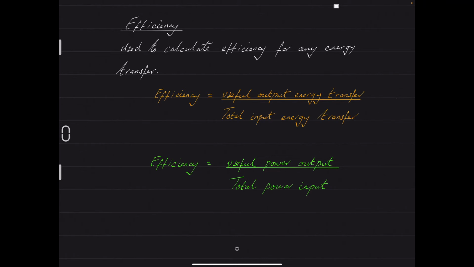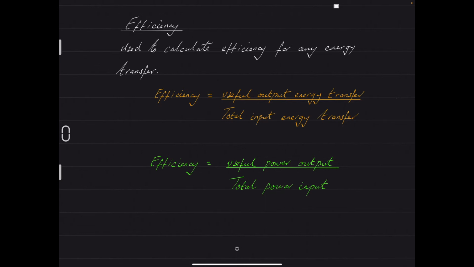And this will give us a value between 0 and 1. If we multiply that value by 100, we get a percentage. Efficiency can also be noted as useful power output divided by total power input. So you must be aware that efficiency can be represented in two possible equations.